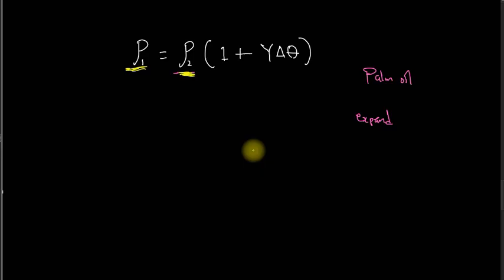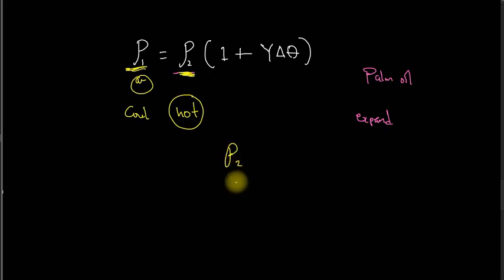When you heat it, it becomes hot, but the density now decreases to rho 2. This symbol is called rho. So bracket 1 plus cubic expansivity times the change in temperature through which it was heated.